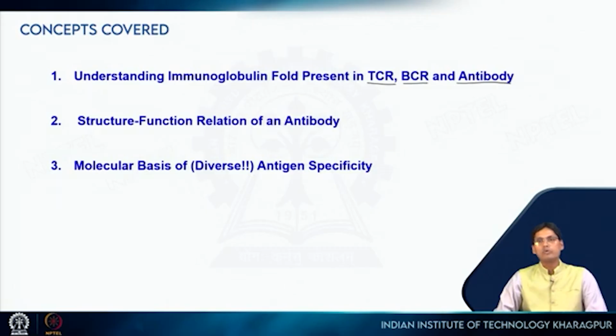As you already know, antibodies are very precise weapons of our adaptive immune system, and each specifically targets a specific pathogen. So I will discuss their structure-function relation, and finally the molecular basis of diverse antigen specificity. So let's start.